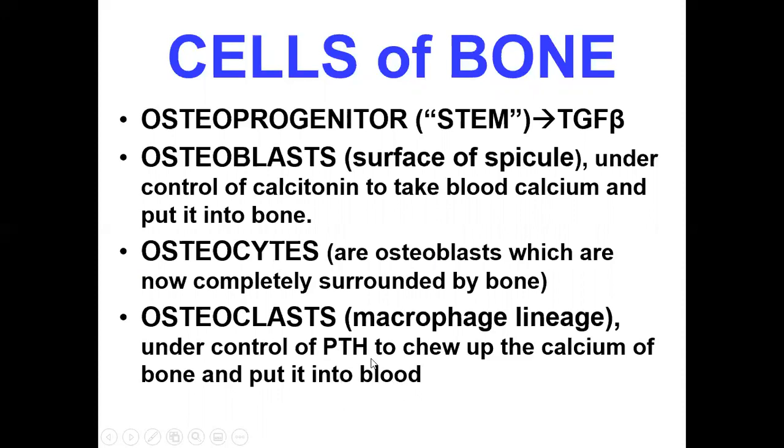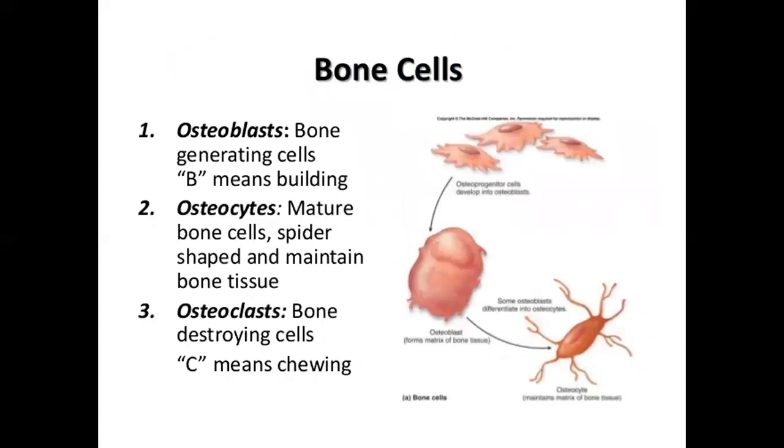So there are 4 types of cells of bone: stem cells, osteoprogenitor cell, osteoblasts, osteocytes, and osteoclasts. So osteoblasts, they are bone generating cells. B means building.